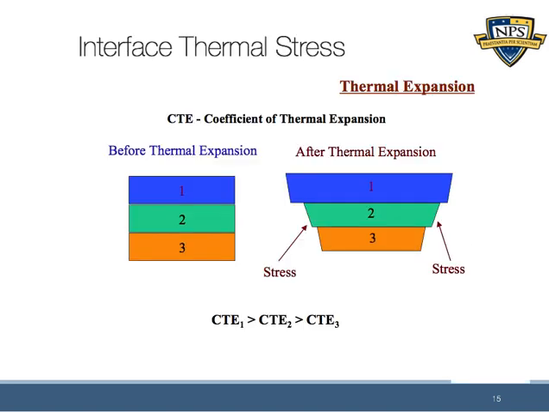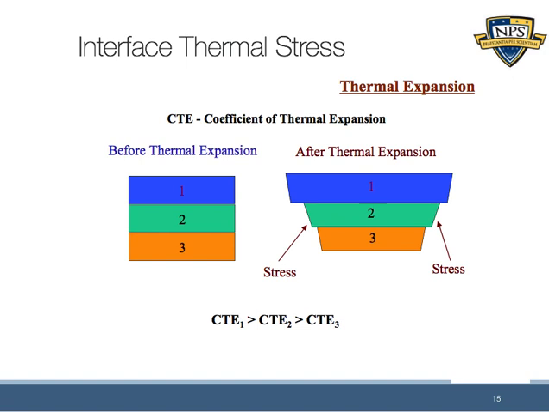Okay, so to give just a little bit more on this idea of CTE mismatch, we'll say in this example here where we've got a blue, green, and orange box, that each one of these represents a material, and material 1 has the greatest CTE, coefficient of thermal expansion, so it's going to expand the most given a change in temperature, right?